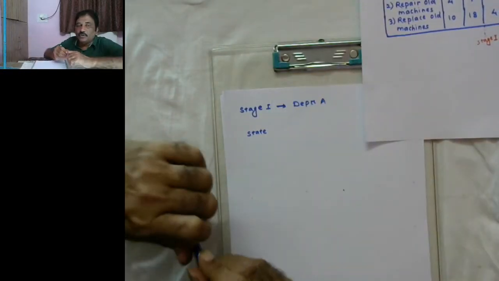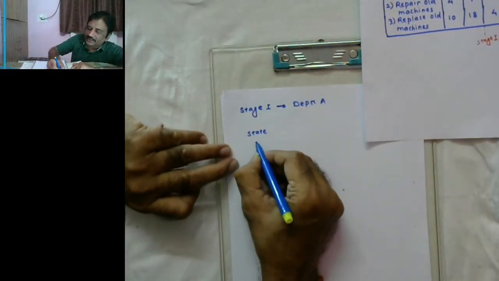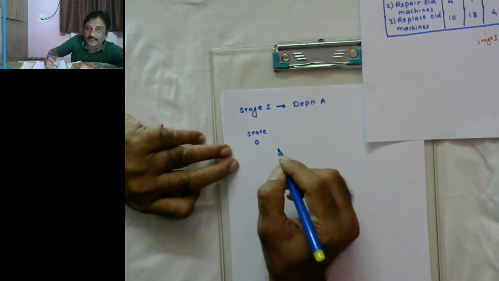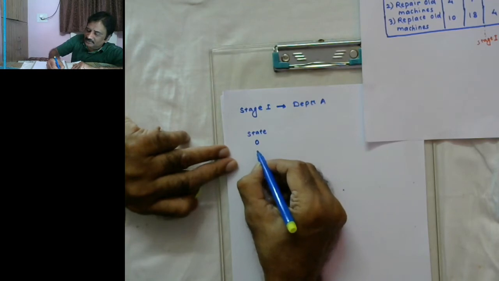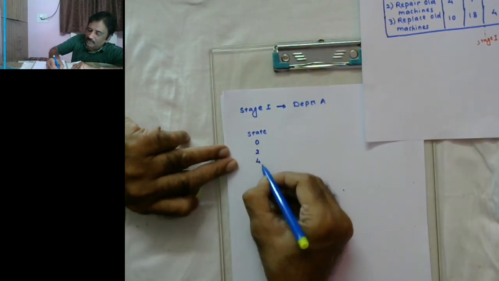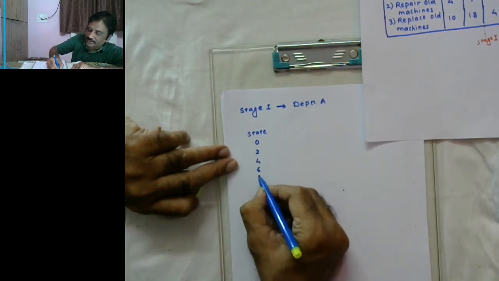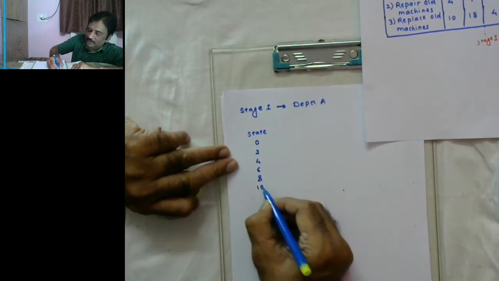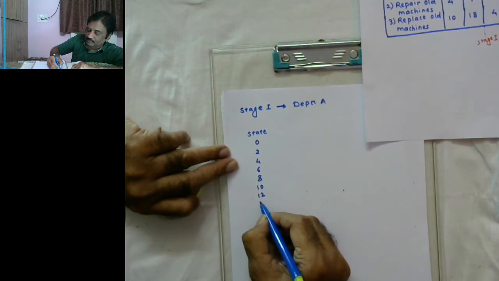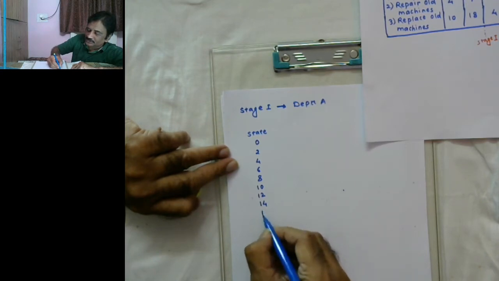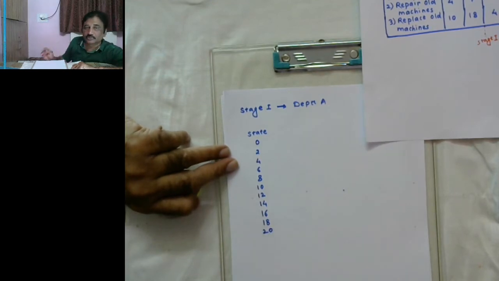My first state will be 0 crore rupees. I will assume that I have 0 crore rupees only for investing in department A. And I may assume that I have 2 crore, 4 crore, 6 crore, 8 crore, 10 crore, then 12, 14, 16, 18, and 20. Right? You got it?